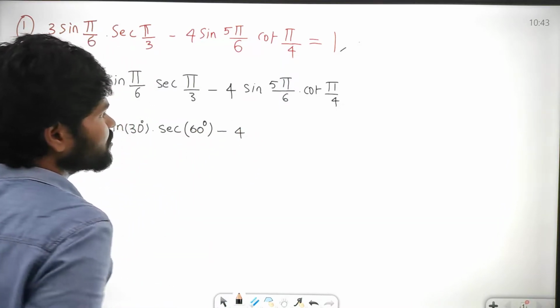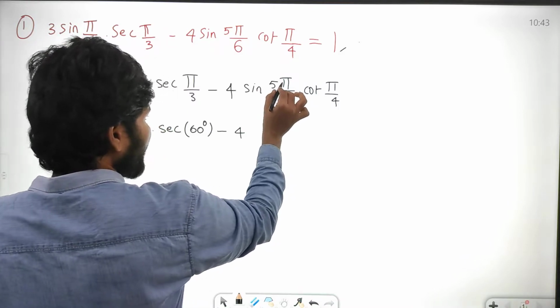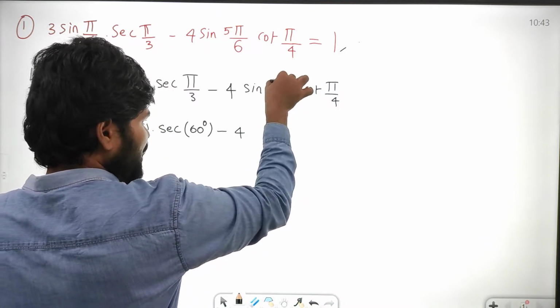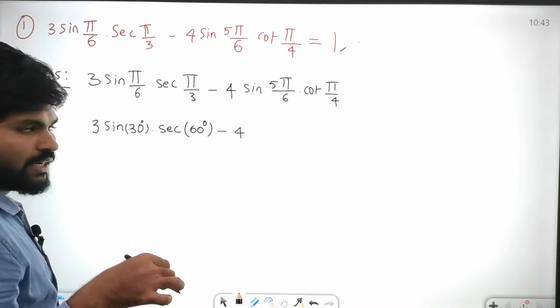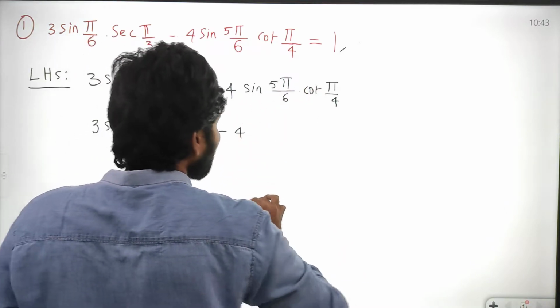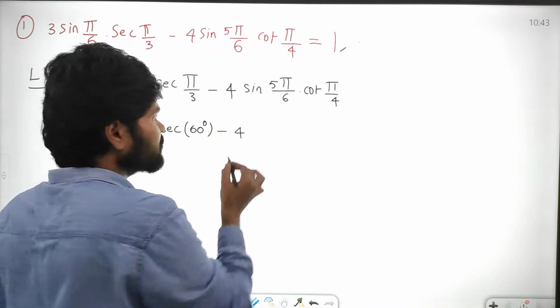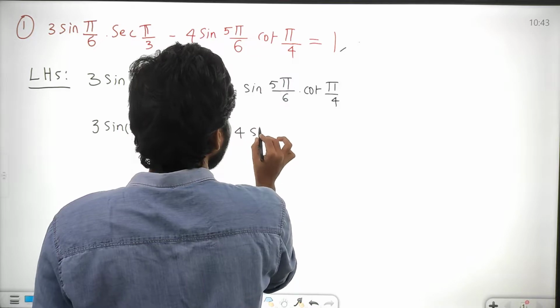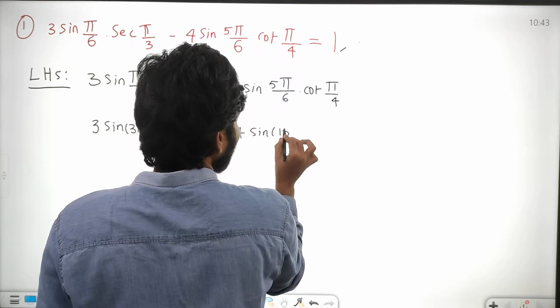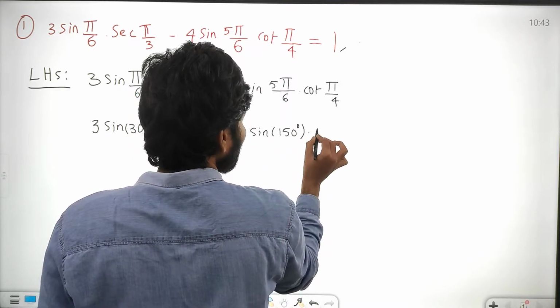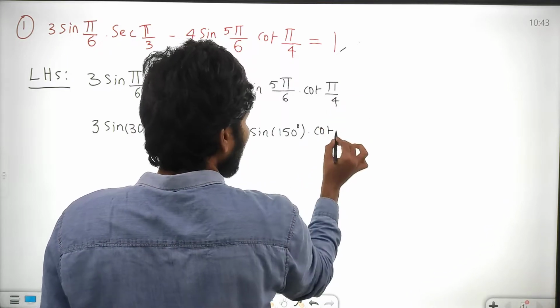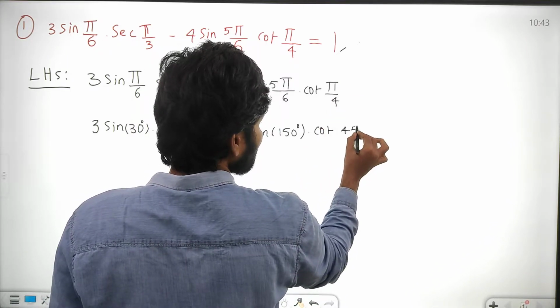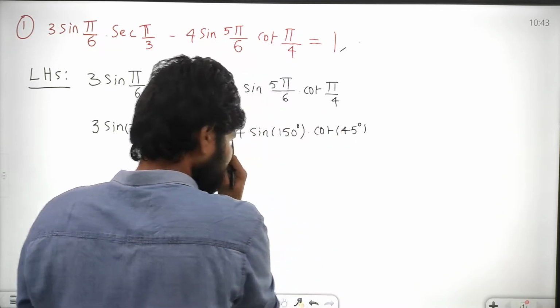Minus 4 sine, pi by 6, what is the value? 30. So 5 into 30 is 150, so sine 150 degrees, and cot pi by 4 is nothing but 45 degrees.